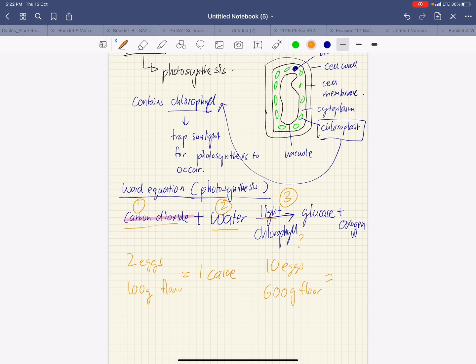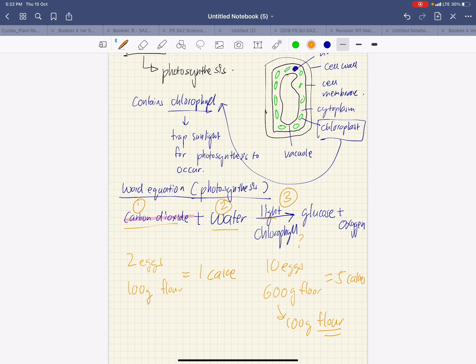Even though I have 10 eggs, I can only make 6 cakes with 600 grams of flour. Right? Think about it. Even though I have enough flour for more, I do not have enough eggs to actually make another cake. In order to do that, I will need another 2 more eggs, taking the total to 12 eggs.